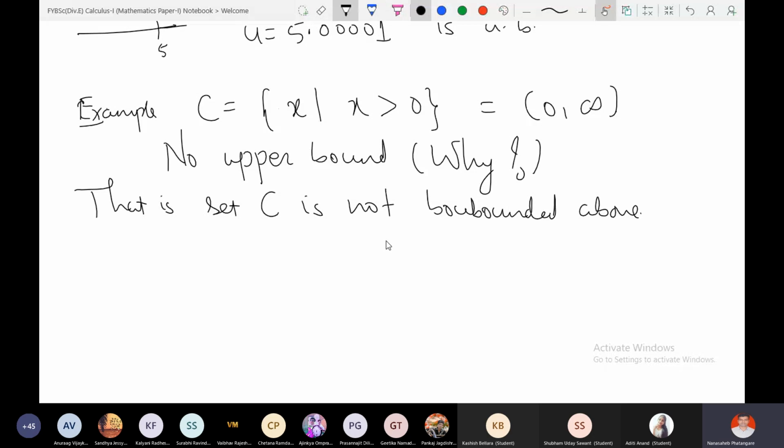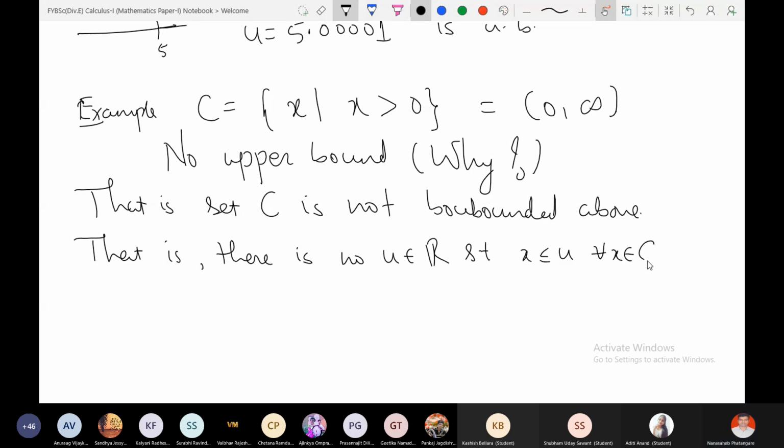So how will you prove it? That is, there is no U belonging to R such that x is less than or equal to U for all x in C. There is no such U which is greater than or equal to each member of this set C. There is no such U means what?